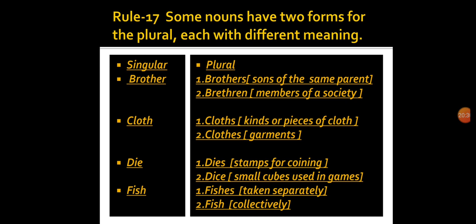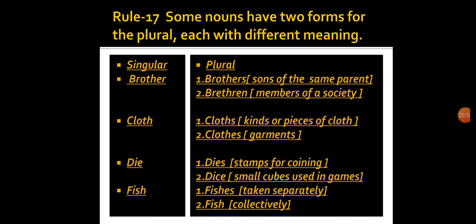Now I take the second word, that is cloth. One plural is cloths, where we just add s, and it means kinds or pieces of cloth. And the second plural of this singular word cloth is clothes.